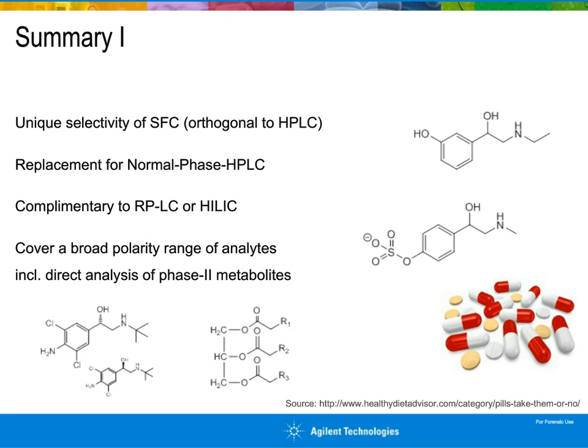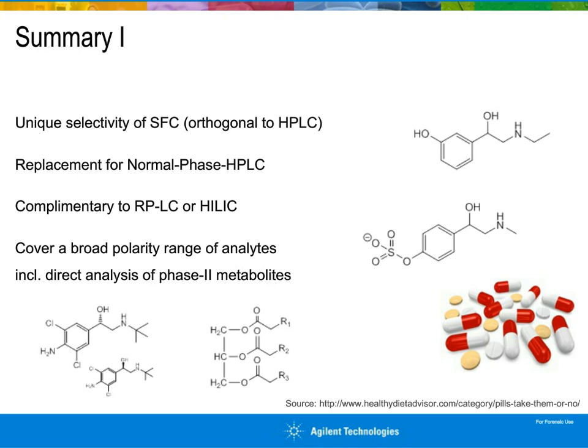It's complementary to LC or HILIC, which is the normal phase application, and we can cover a broad range of analytes, which also helps in doping control for the direct analysis of phase 2 metabolites. Sometimes this is very interesting to see, not only for research samples.